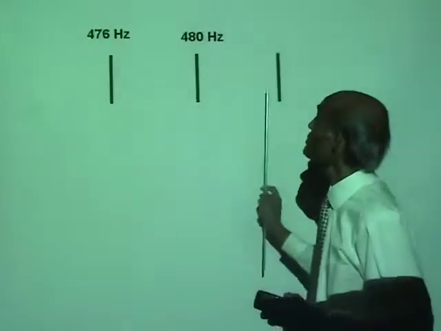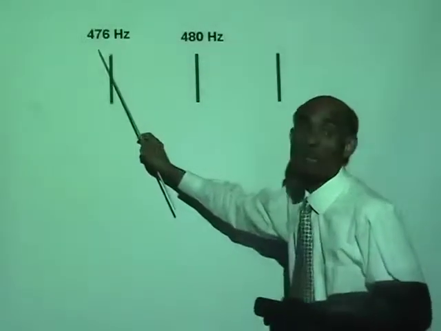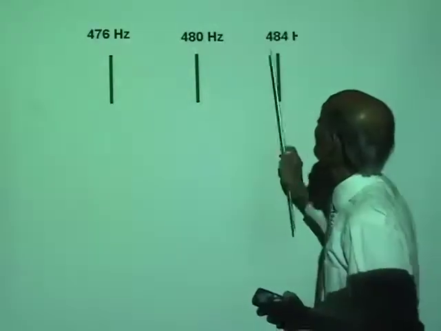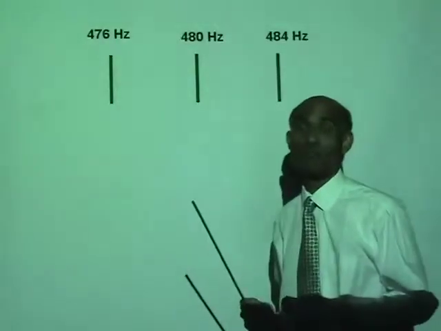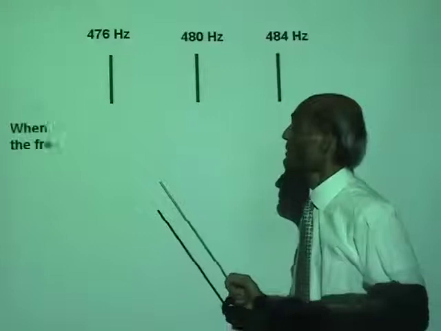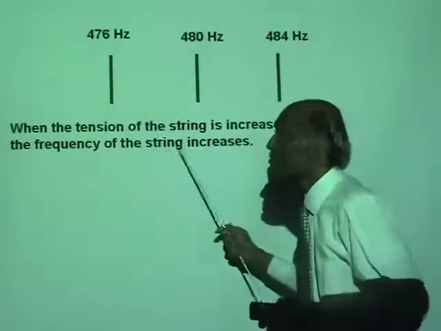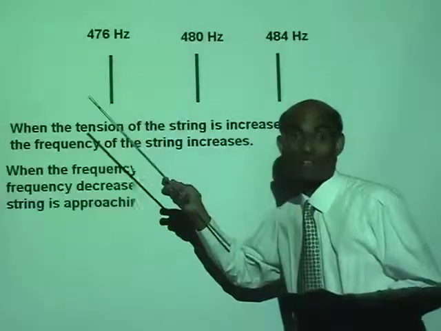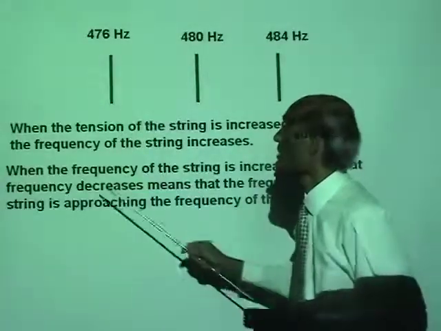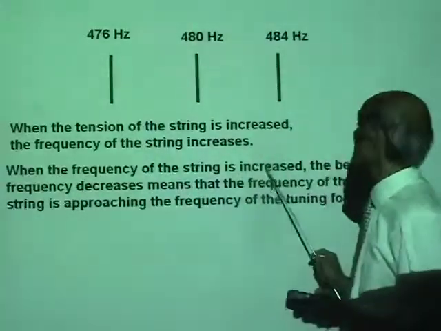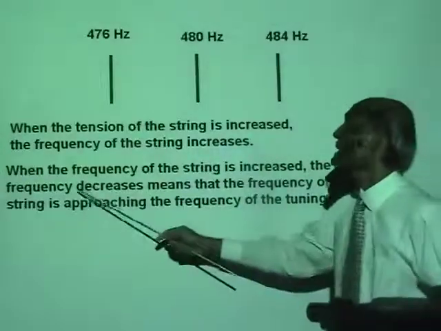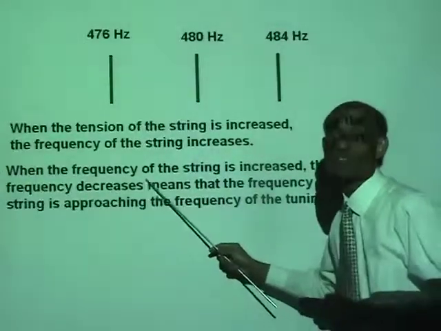That means the frequency of the violin string can be either 476 or 484. And now what happened? When the tension on the string is increased, the frequency of the string also increases. And when the frequency of the string is increased, the beat frequency decreases.